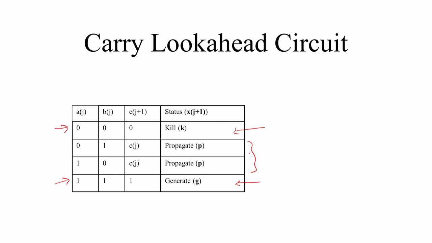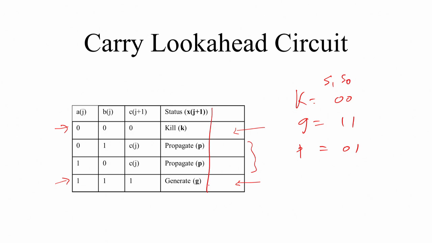Let us say kill I can encode as 0 0, because I have 3 different statuses, so at least I need 2 bits to encode it. Kill will be 0 0, generate let it be 1 1, and propagate is 0 1. So these are the status bits S1 S0.